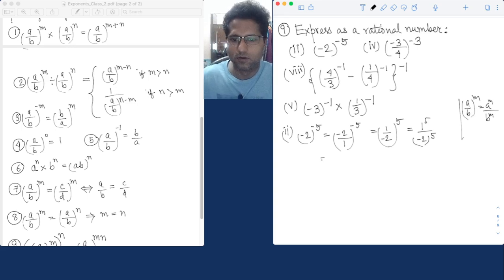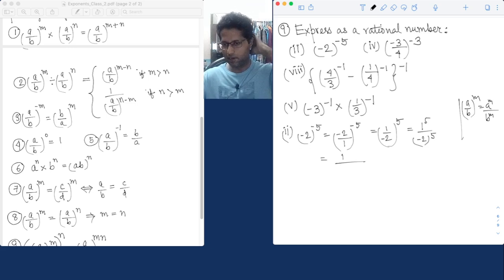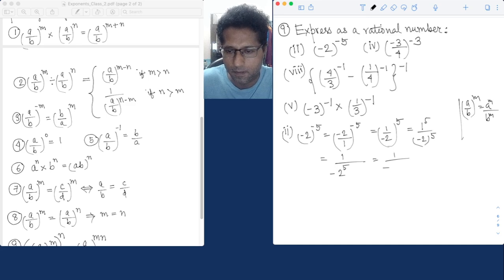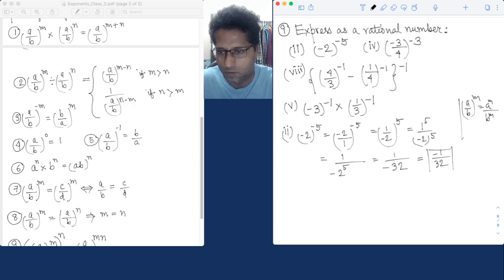So now 1 to the power 5 is 1 and minus 2 to the power 5 is, since the base is negative and the power is odd integer, this will be minus of 2 to the power 5. This is 1 by minus 32. So this is 1 by minus 32 and we would like to make the denominator positive, and this becomes minus 1 by 32. So this is the rational number.